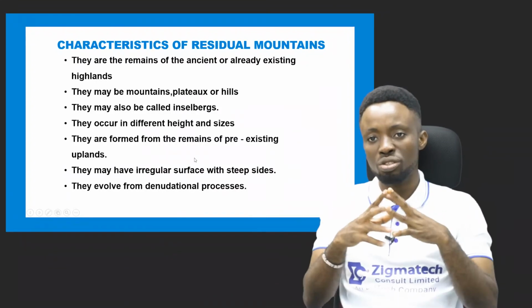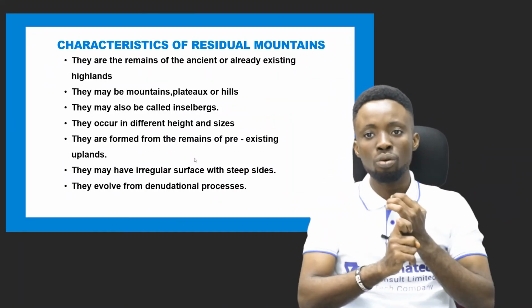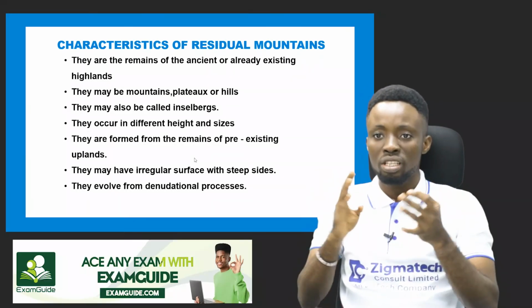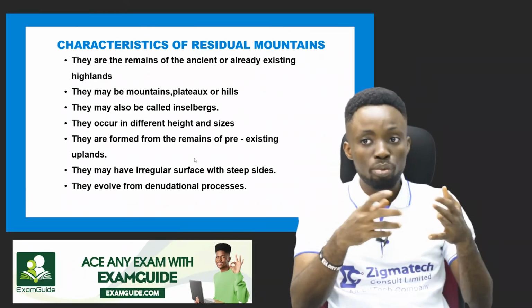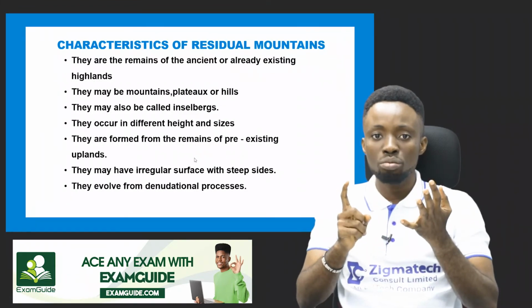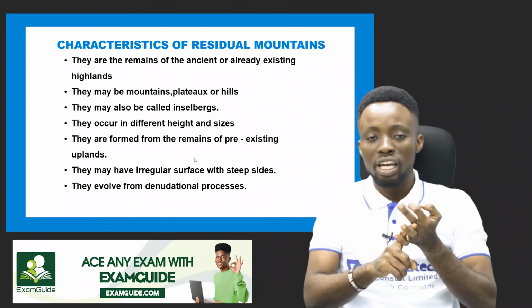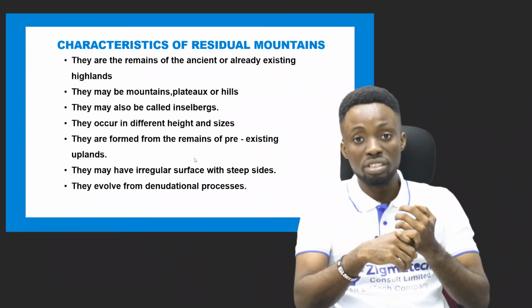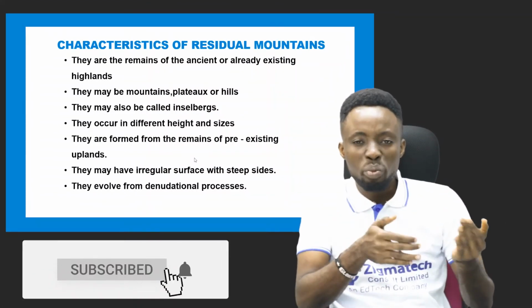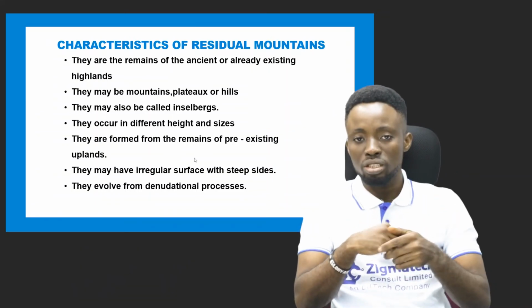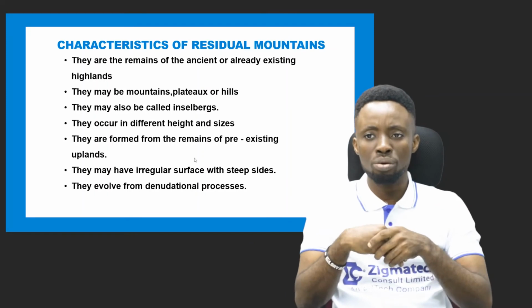So what are the features or characteristics of residual mountain? Number one, they are formed from already existing mountains or ancient mountains. They are either mountains or plateaus or hills, and most times we can still call them inselberg. They have different heights and different sizes, and it's actually dependent on the level of denudation that has acted on that mountain.